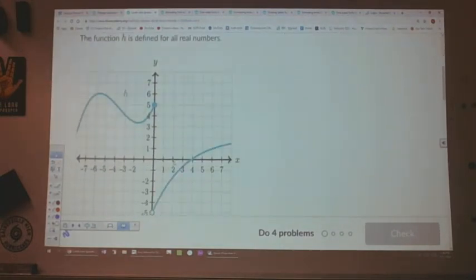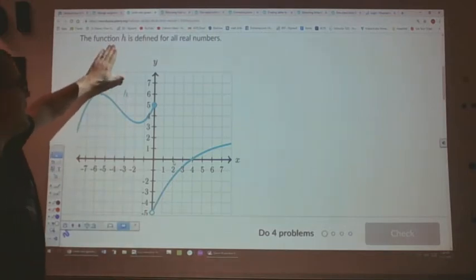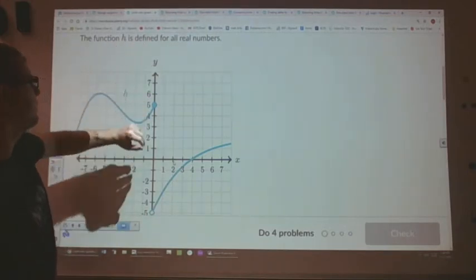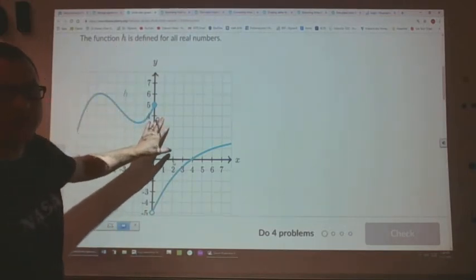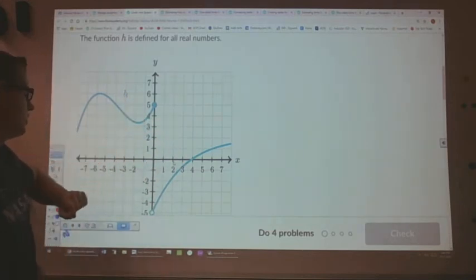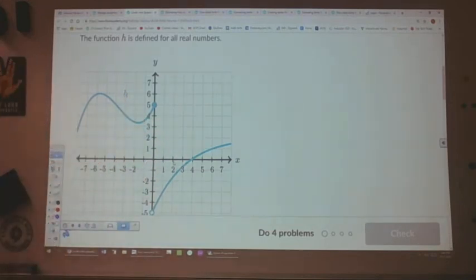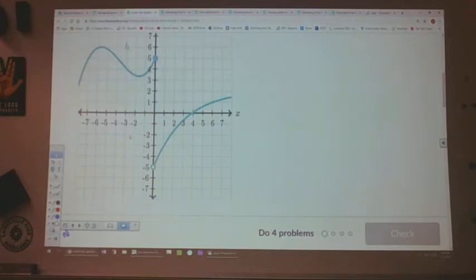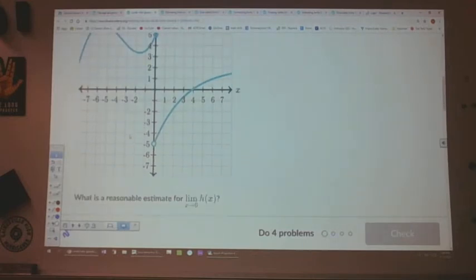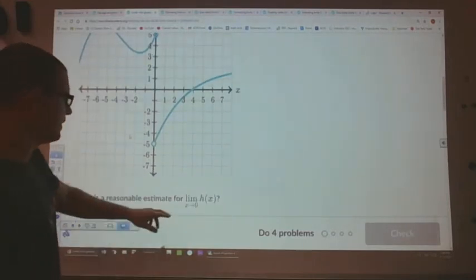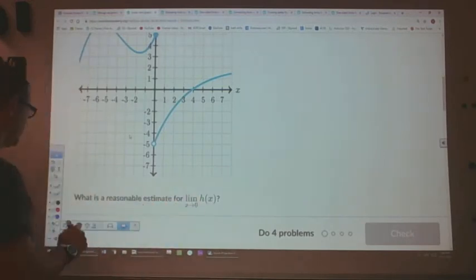So we're going to start with the limits intro exercise on Khan Academy. So here, the function h is defined for all real numbers, and here we have this graph of the function h. What is a reasonable estimate for the limit as x approaches 0?